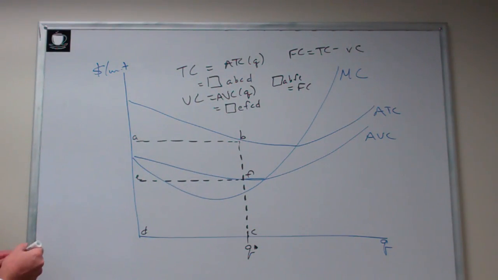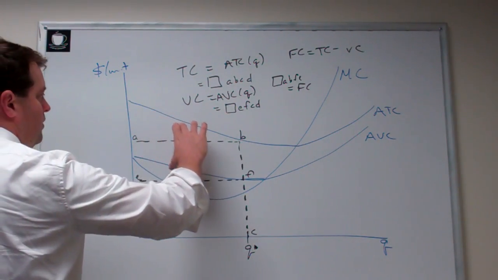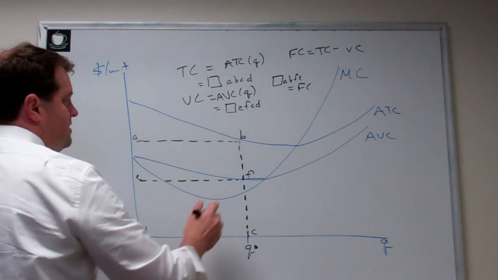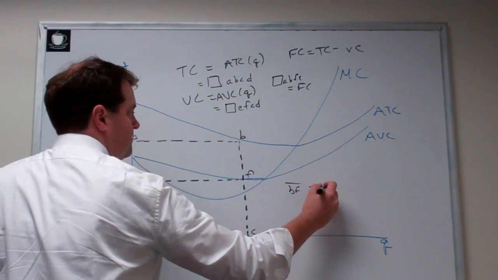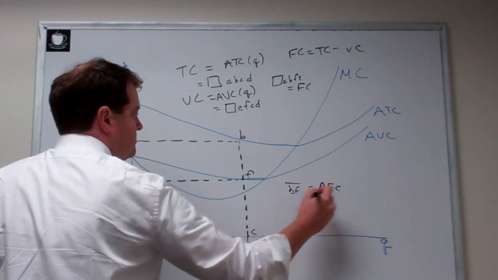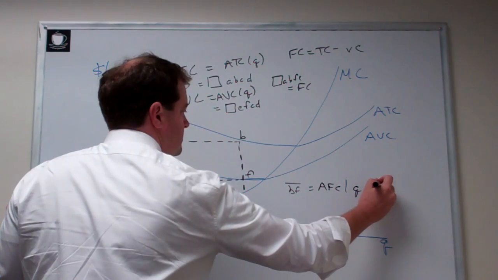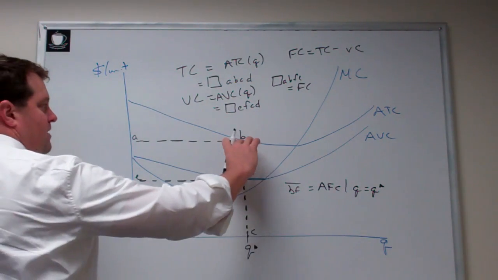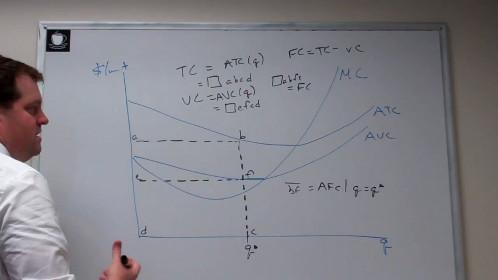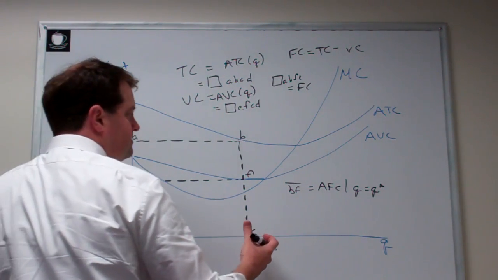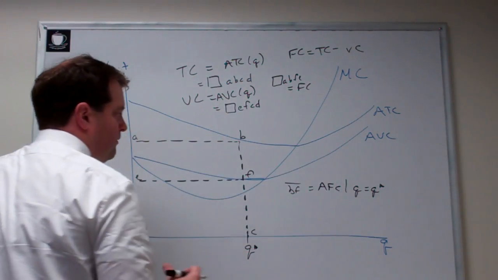And the last thing that we want to be aware of here is this relationship between average total cost and average variable cost. Remember, this distance B to F equals average fixed cost, given Q equals Q star. So that vertical distance between the average total cost and average variable cost curve is average fixed cost. And notice that distance starts to fall as output increases.